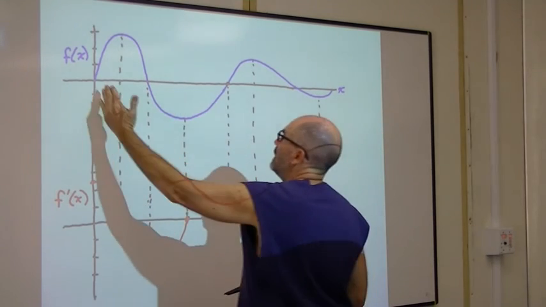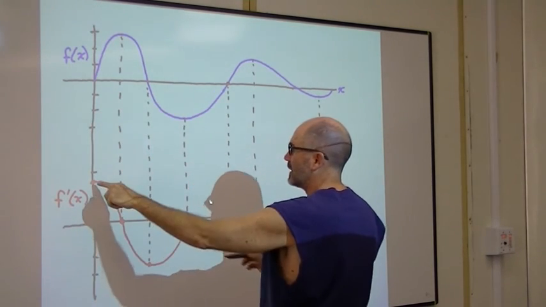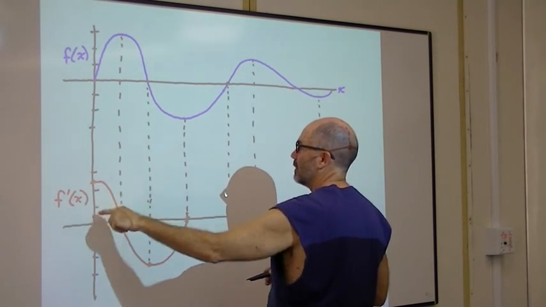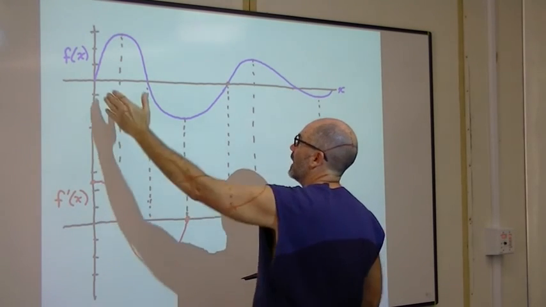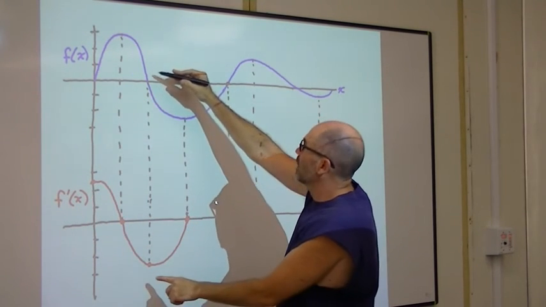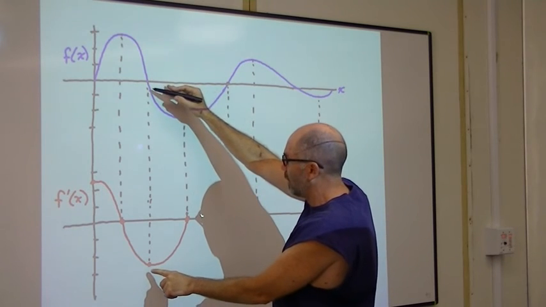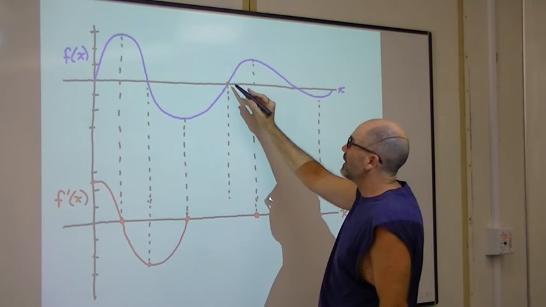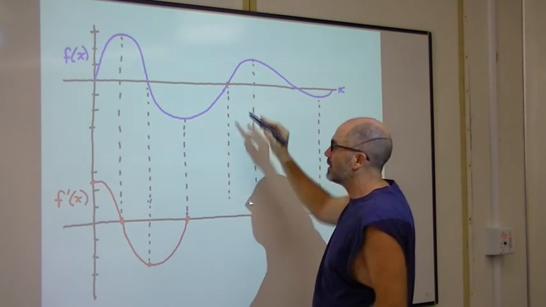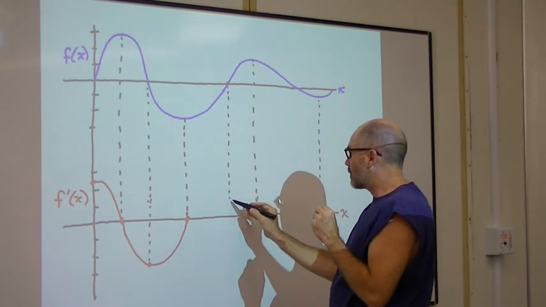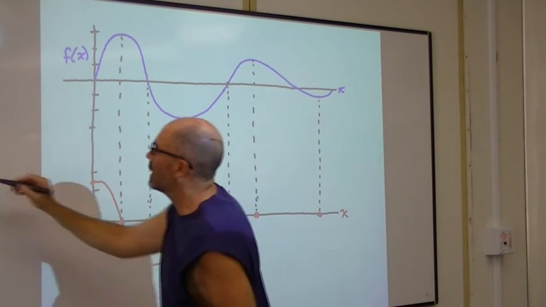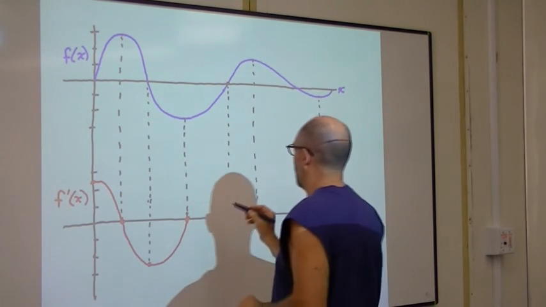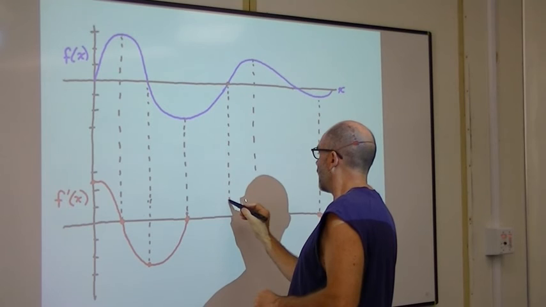Because notice, this is super steep, so it's going up as high as 2.5, almost 3. And this is also really steep going downhill, so it's going down to -3. But now when we're going up, it's only going up as steep as 1. So my slope curve here really only maxes out at about 1.